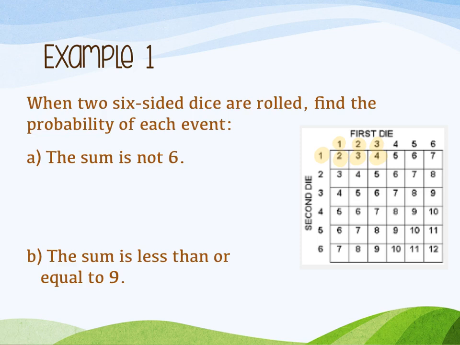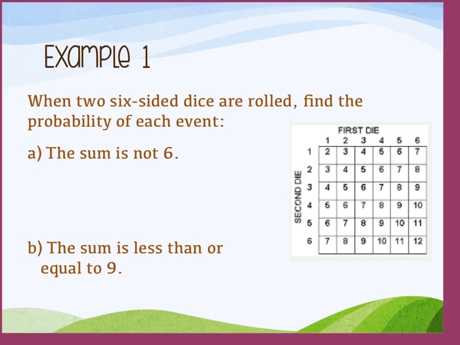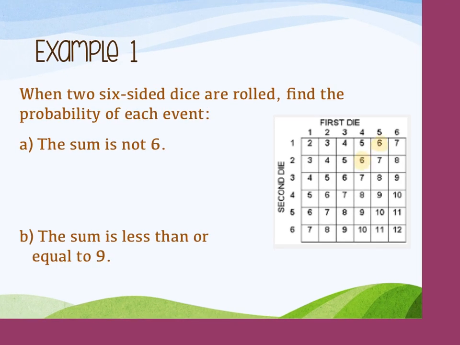But, okay, if I look at this diagram and the first probability is that it's not 6, are there more numbers in this box that are not 6 or that are 6? That are not 6. So my first choice is to just go through and count all the ones that are not 6, put it over 36, and that's the answer. The other option is to count all the ones that are 6, 1, 2, 3, 4, 5, and say this is not what I want, right?